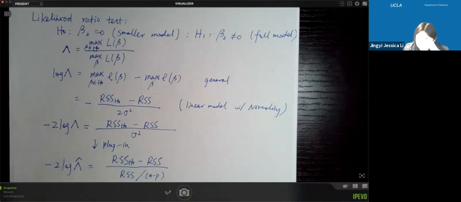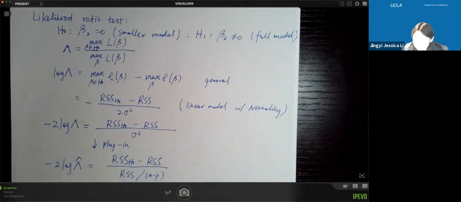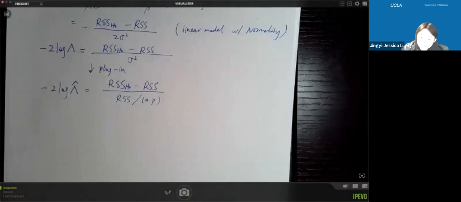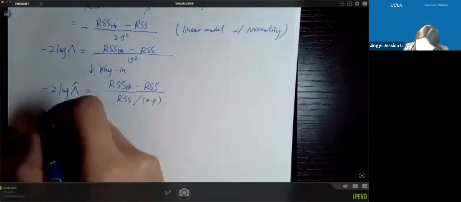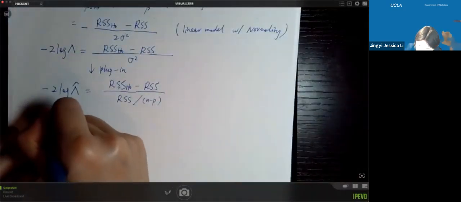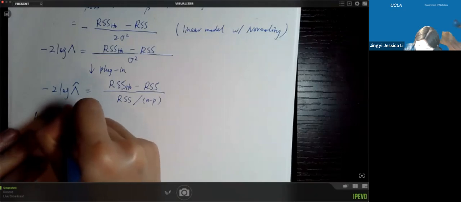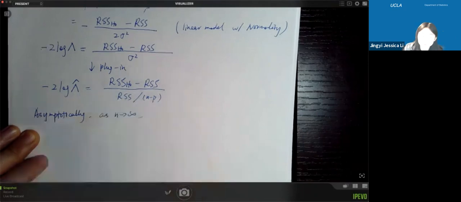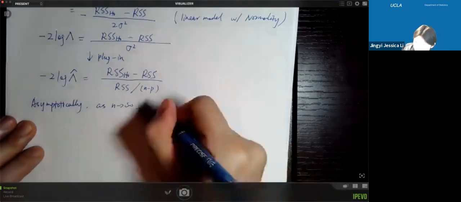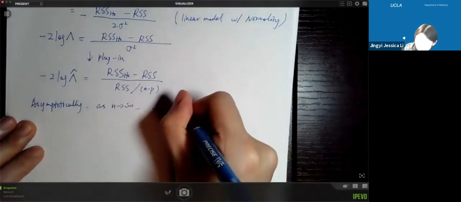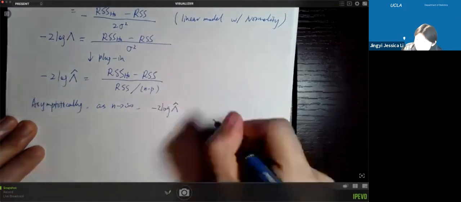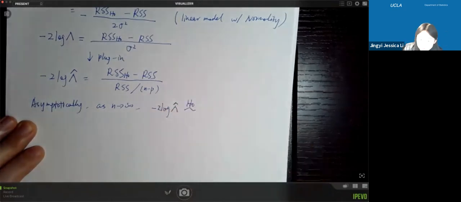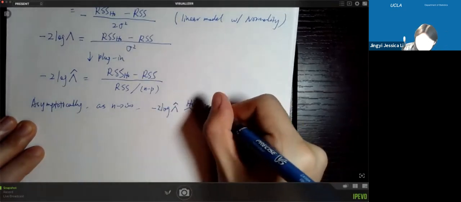Okay, so for the likelihood ratio statistic, there is asymptotic theory for that. Asymptotically, as n goes to infinity, this statistic, -2 log lambda, will follow, under the null hypothesis, a chi-square distribution.